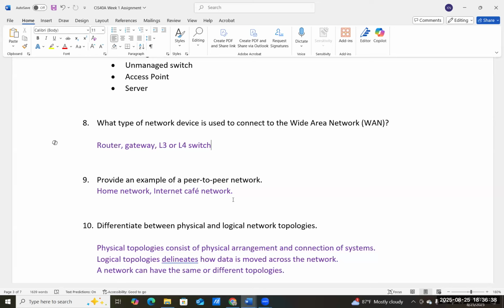So in an internet cafe, sometimes you would see a peer-to-peer, or like I said, if you're able to AirDrop, it's a peer-to-peer, right? You guys use AirDrop. I don't use Apple systems. I'm an Android person. So you would AirDrop a picture to your friend's phone. That's a peer-to-peer environment, right? So you often see this for individual home use.